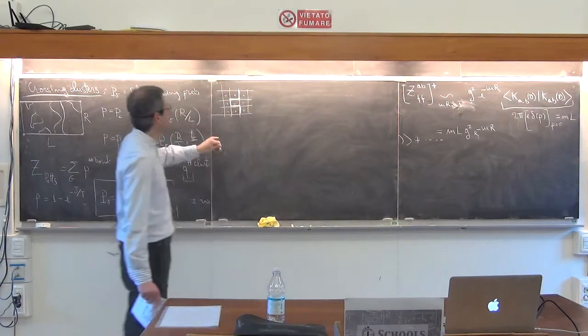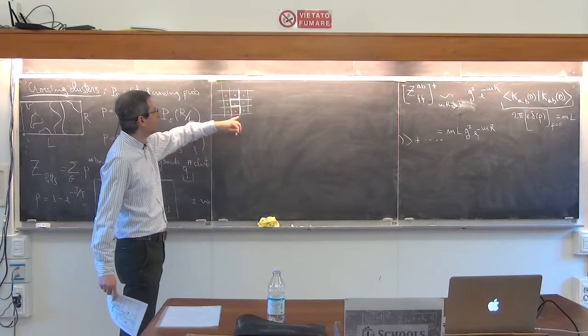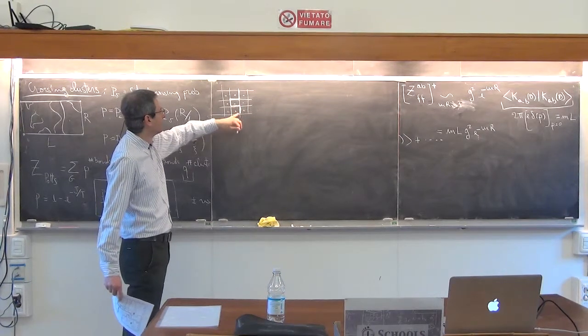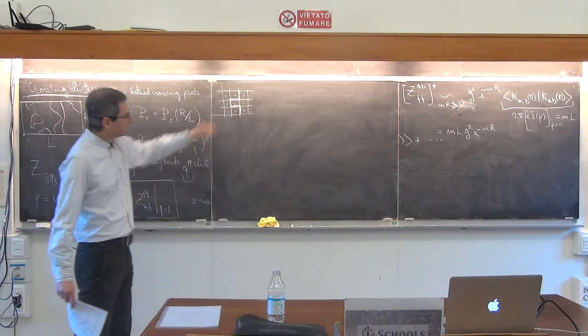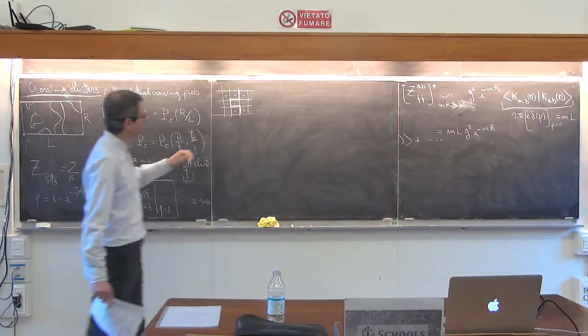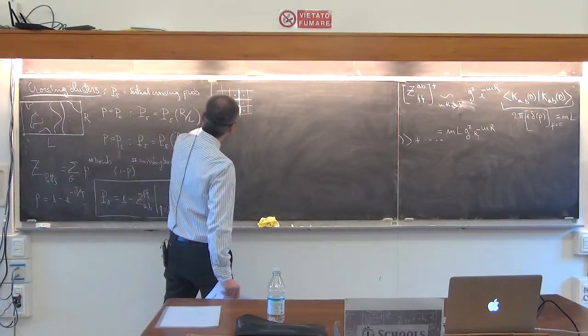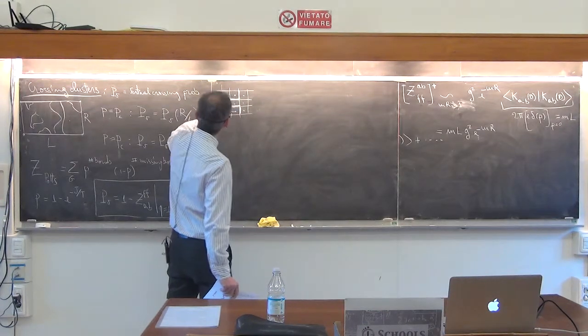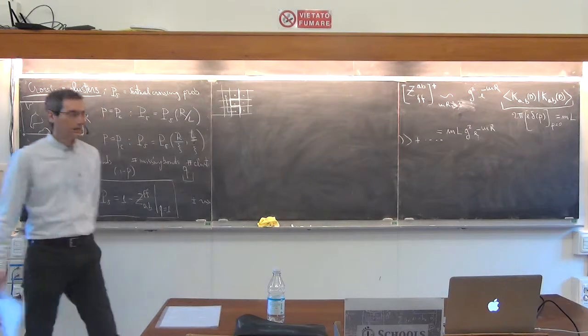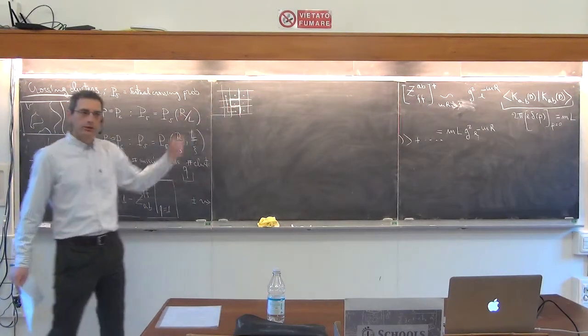Anyway, the rule is that for each configuration of the original lattice, the configuration associated on the dual is that in which you connect the sides on the dual lattice with the rule that you come across a bond which is present on the original lattice.